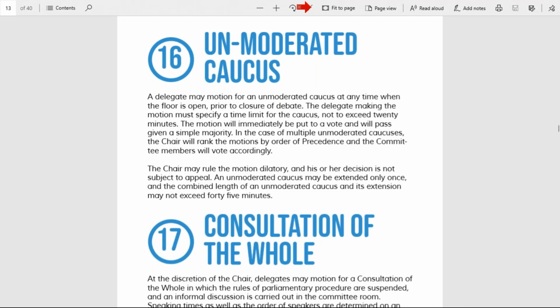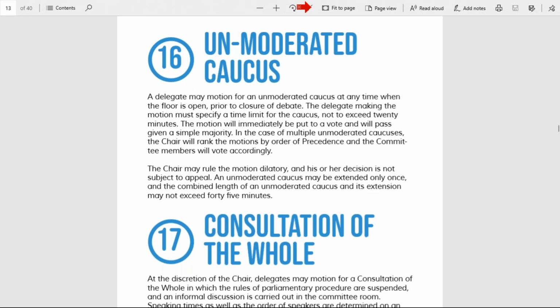For you to raise a motion to enter into an unmoderated caucus, the only thing you need to do is state the time limit of the caucus and the topic that will be discussed during that caucus. I hope you've noted that down. Those are the two key things.